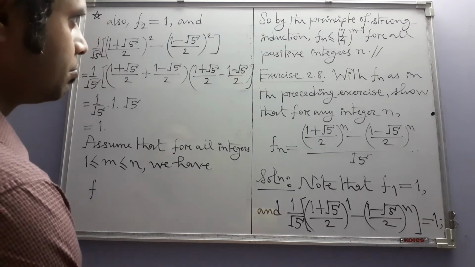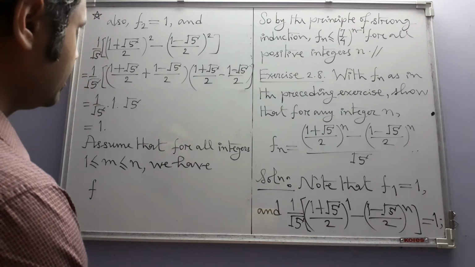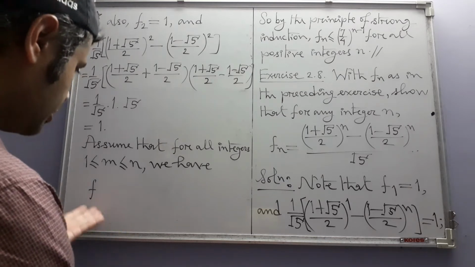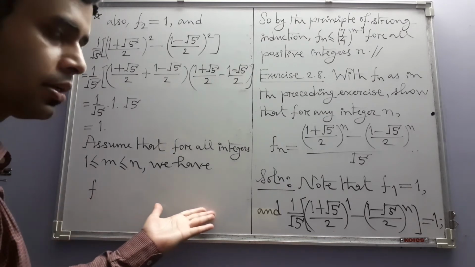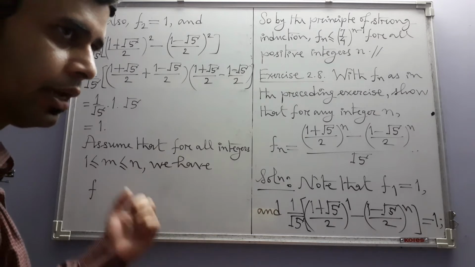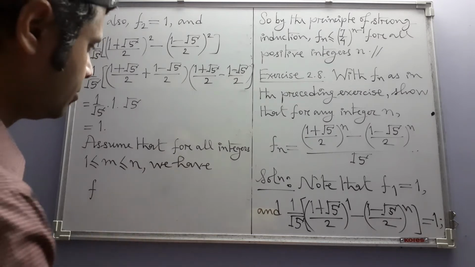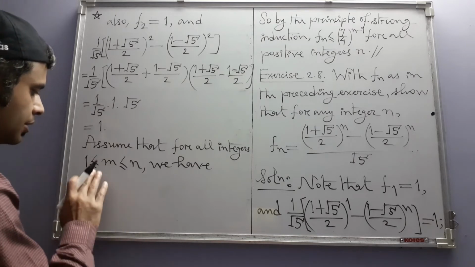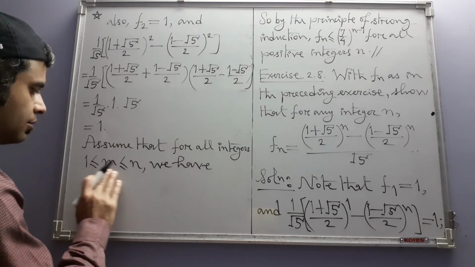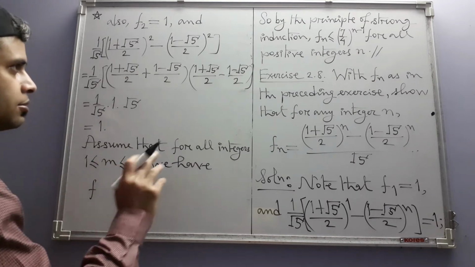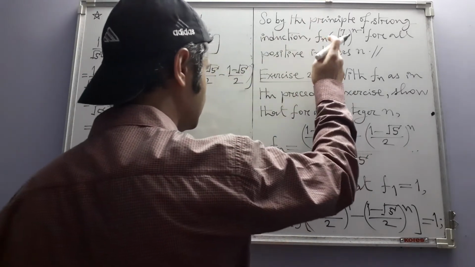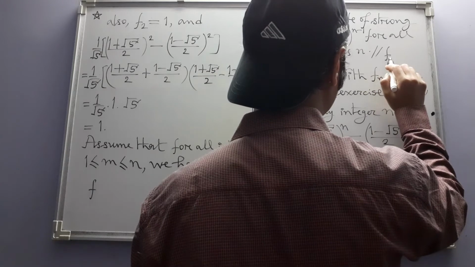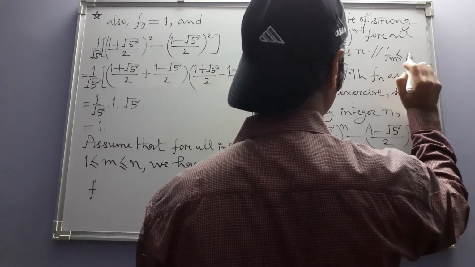Okay, in the previous solution, did I write the condition for the induction hypothesis in terms of n? I think I have done that, no? But while assuming, we started by considering m. So in this solution, I think I have made that mistake. You have to assume this instead.